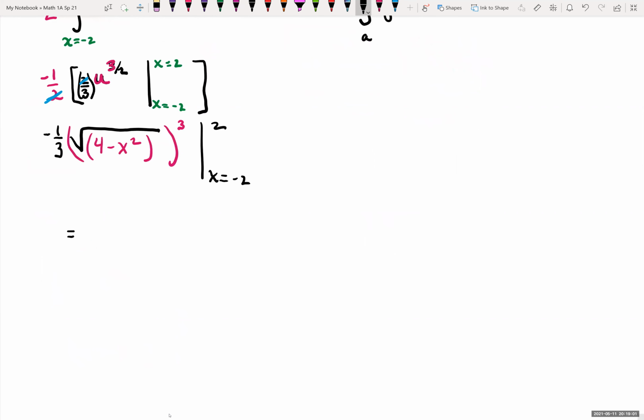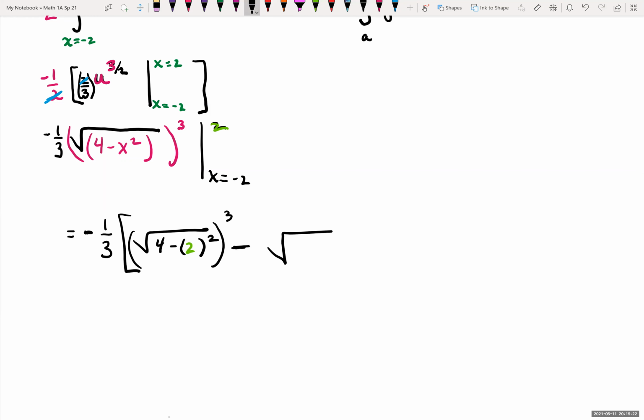So this is equal to -1/3, outside the bracket, of the square root of 4 minus upper bound first, 2 squared, and that quantity cubed, minus, now plugging in the lower bound, the square root of 4 minus -2 squared, cubed.